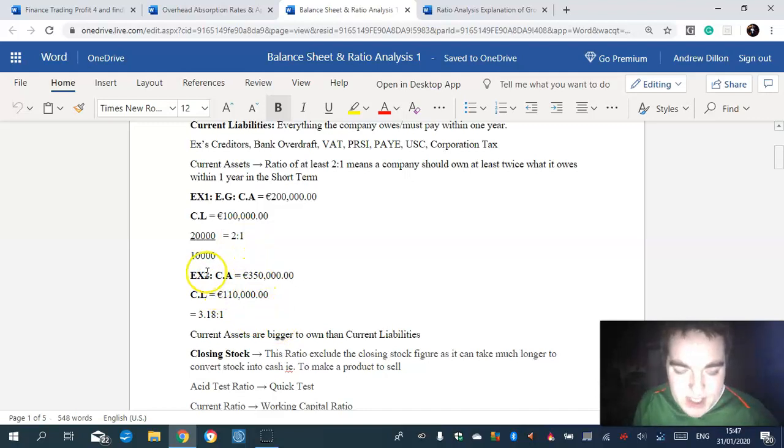And here's the second example. Current assets are 350,000 and current liabilities are 110,000, and the answer with this one is going to be 3.18:1.